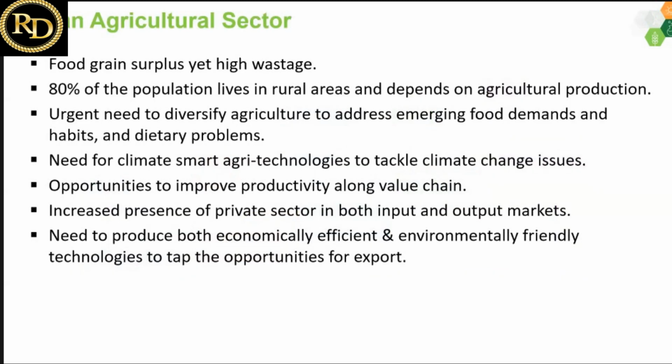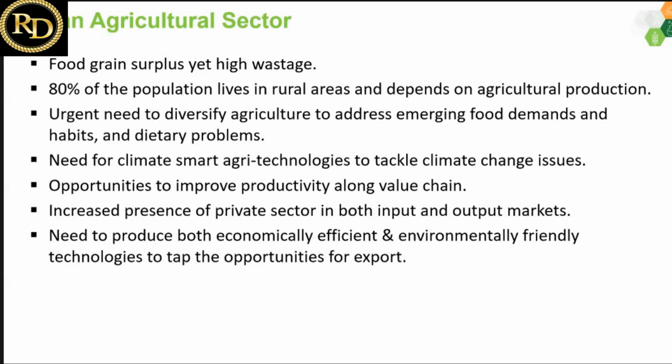Coming back to the Indian agriculture sector, mostly we are producing enough or surplus yield, but there is high wastage, which is one of the biggest problems. Wastage occurs at crop harvesting, processing and distribution, from farm to plate.